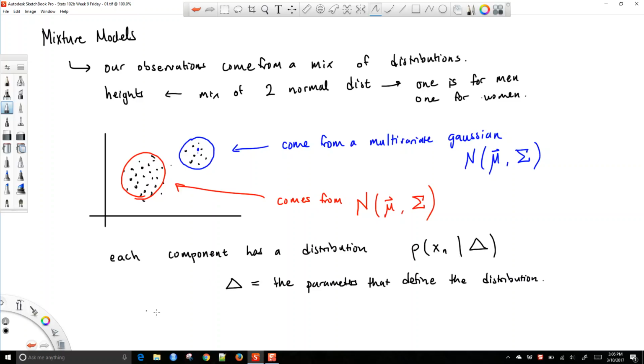In our case, if we're talking about a multivariate normal, the probability of x sub n given delta is the normal distribution, where delta is equal to your mu and your sigma matrix, right?